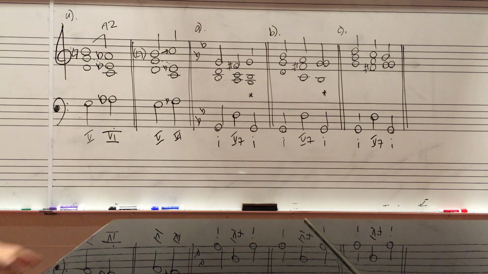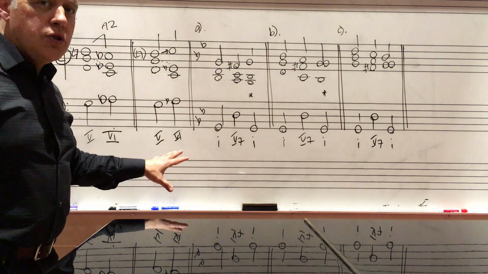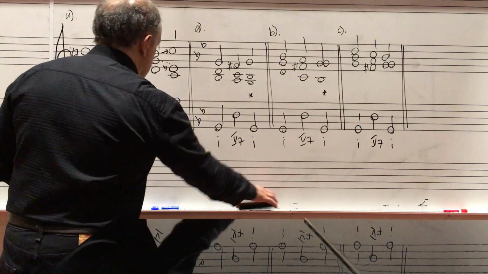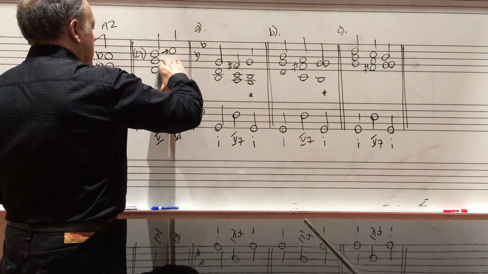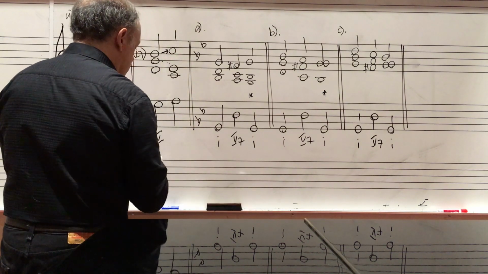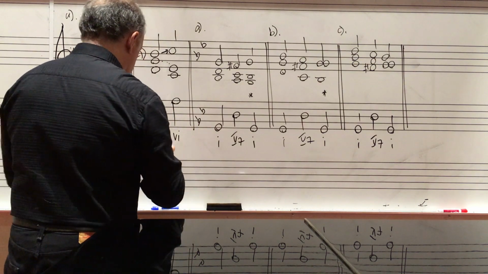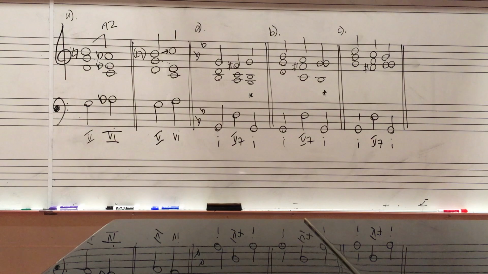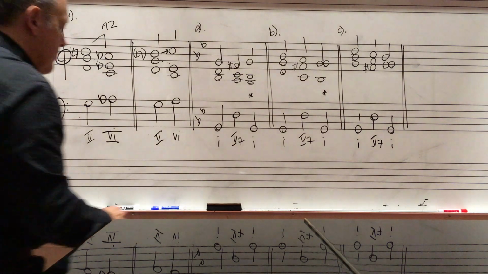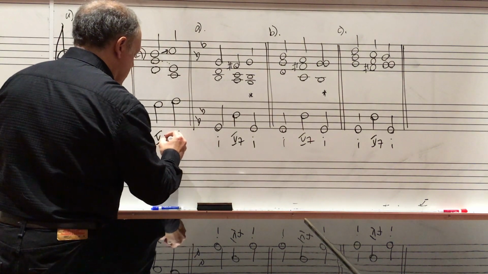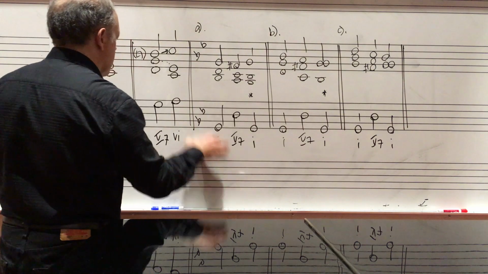Now, this is something that I don't just have to do in a minor key. I can actually do that in major as well. And it will sound just as good. And it might even sound better if, instead of just plain old vanilla dominant harmony, we had a dominant seventh.